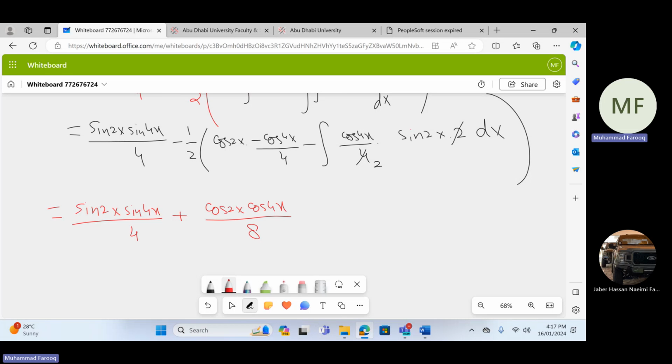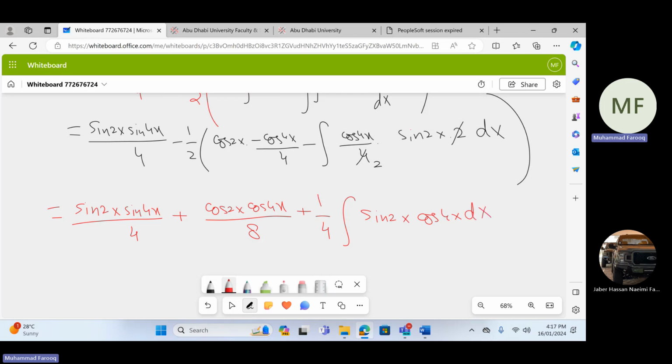Negative half times negative 4 becomes positive 8. Negative times negative is positive. Now again this minus half will multiply here. Negative and negative is plus. I have this two, I have that two, how much? 1/4. And I have the integration: sine 2x, cosine 4x, dx.